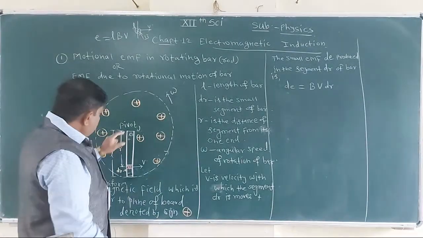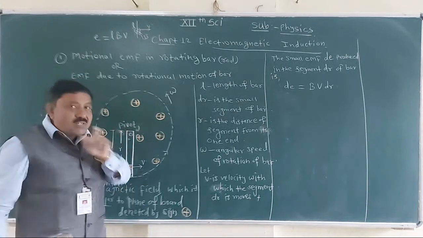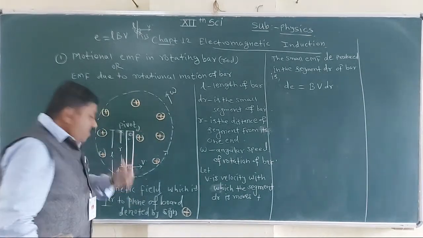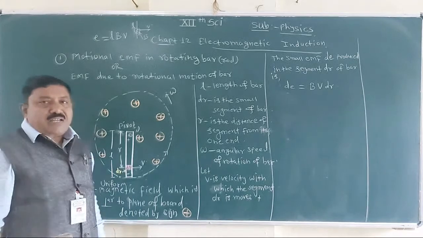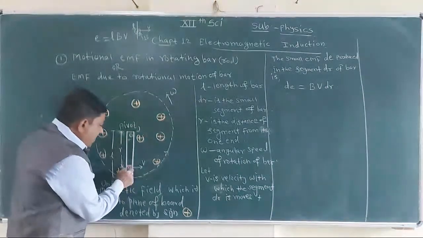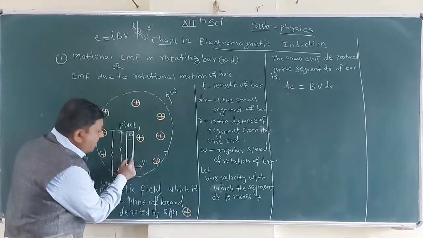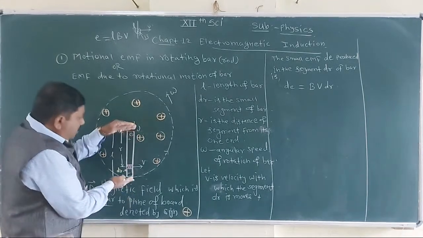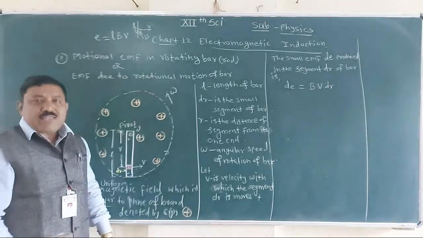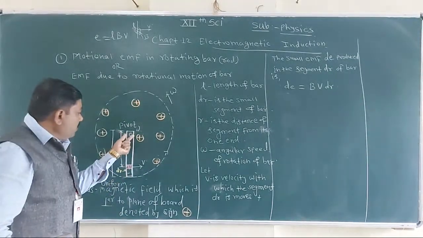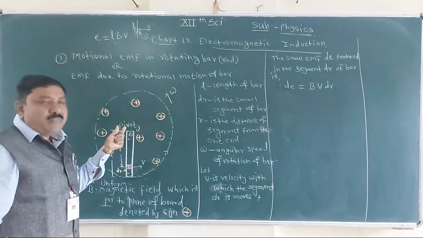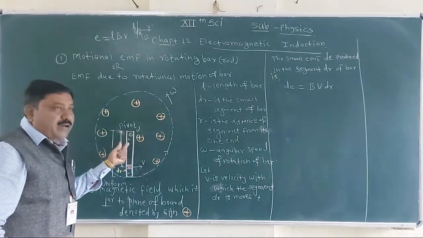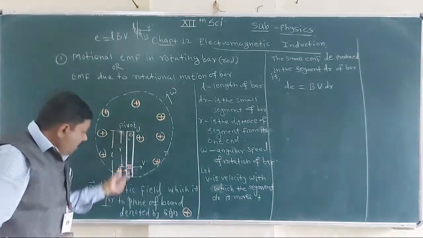then the total EMF produced due to the series of such elements, consider these are the series of elements dr. So this total rod is divided into different small elements, each of width dr, in series.